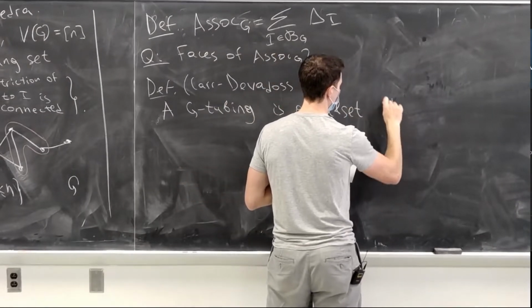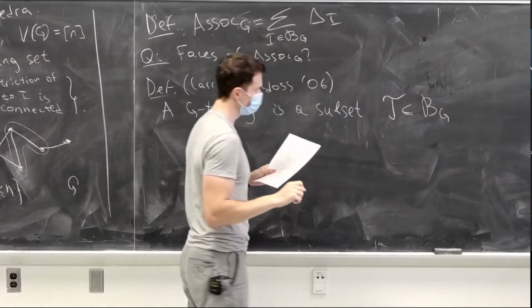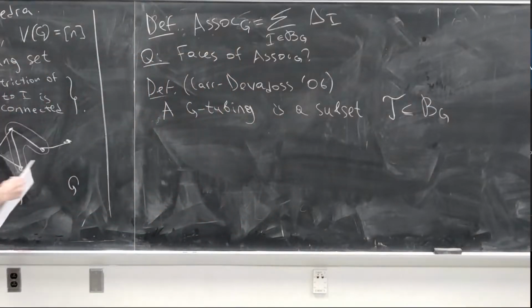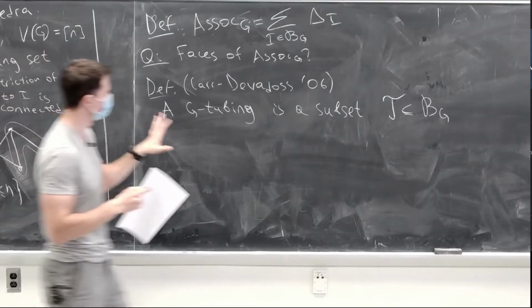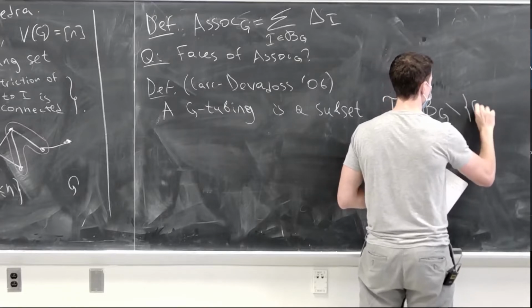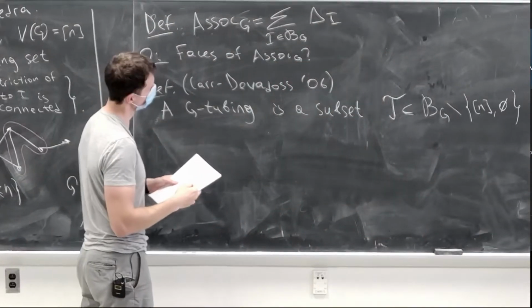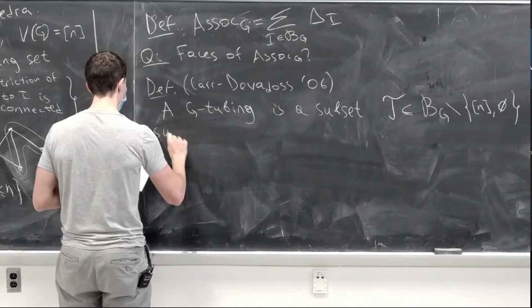I'm going to denote it by fancy T. Notice that here I'm allowing the whole graph to be in my set, and any singleton, and also the empty set. But for a tubing, I don't want to allow the whole graph or the empty set to be part of my tubing.